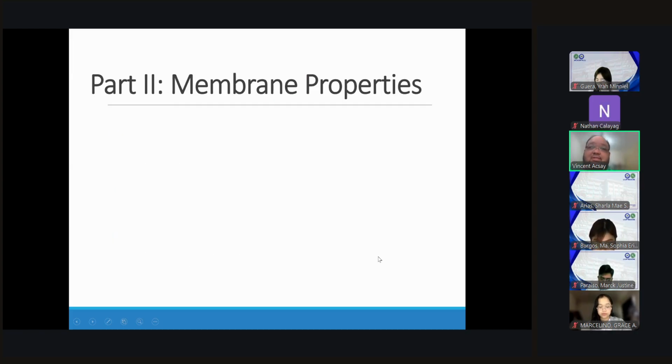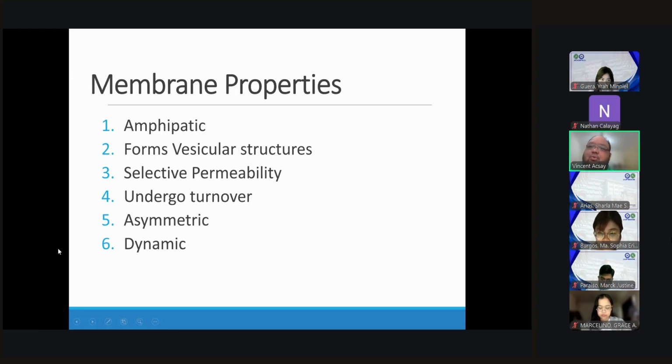So now that we've discussed the contents of your membranes, let's discuss its properties. There are 6 main properties that we want to go through, the properties of the components and the membrane itself. So first, let's talk about amphipathicity.